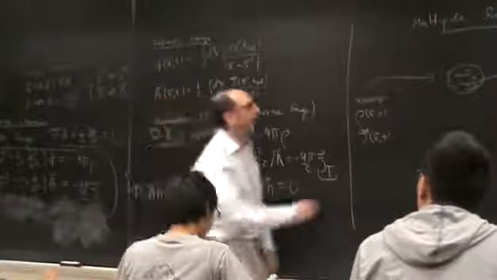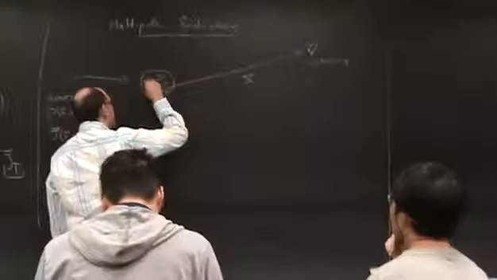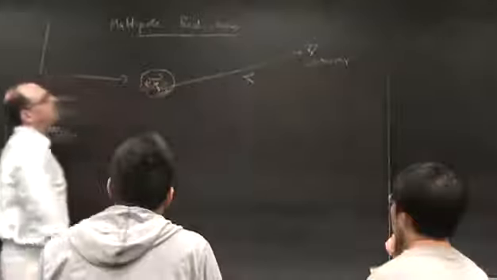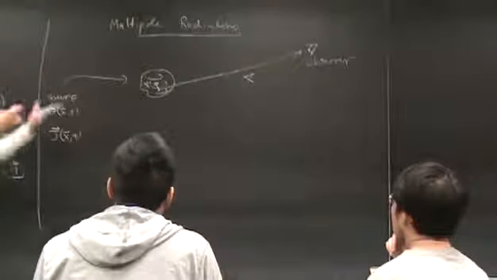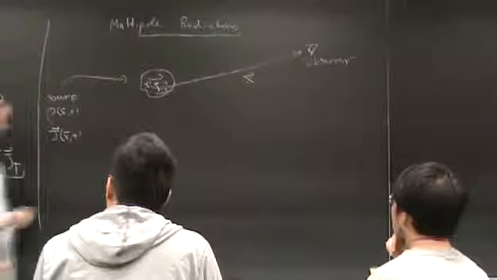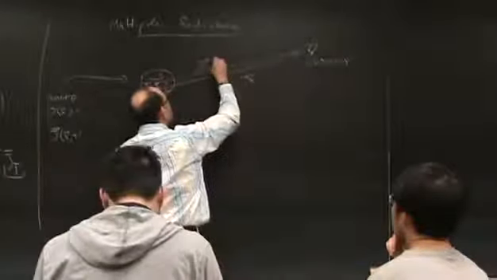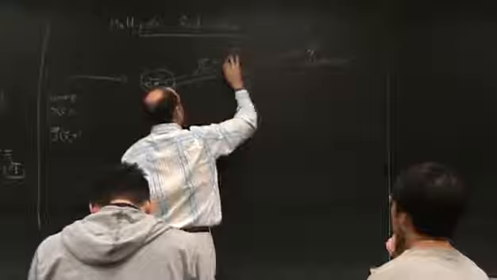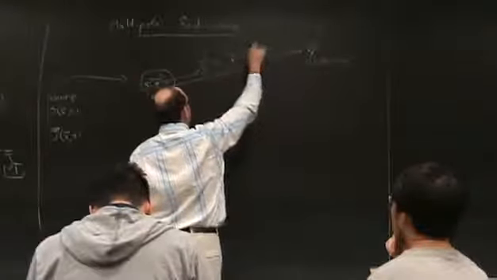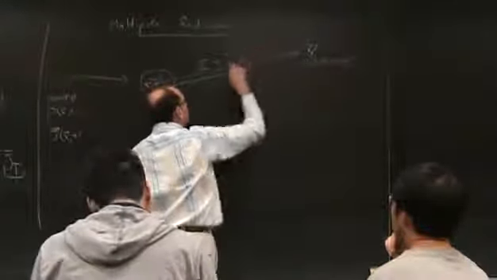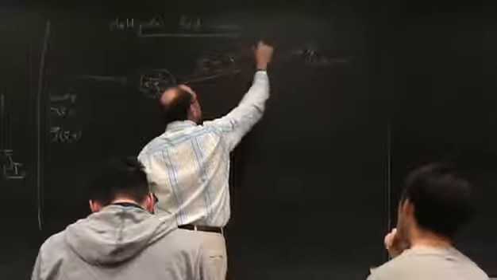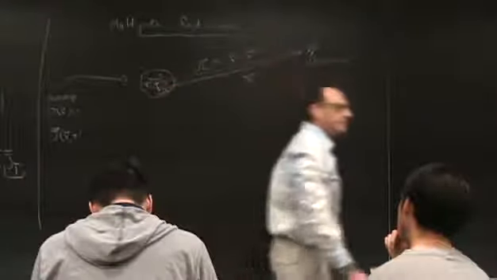There's some position of the source, just like we did when we talked about statics. X prime is some position within the source, and there's some script r, which is the distance from the source point to me.